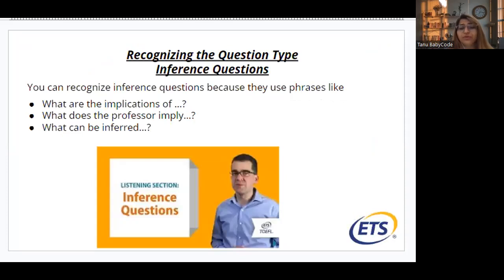How do you recognize this question type? These inference questions can be recognized by phrases like: What are the implications of? What does the professor imply? What can be inferred? These three phrases can be used in the question, and you have to be very careful and check whether it is an inference question or not.